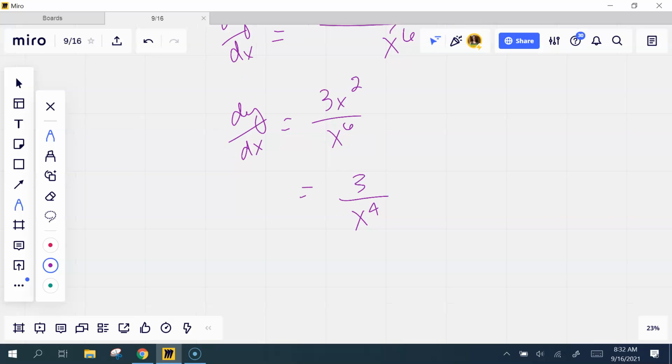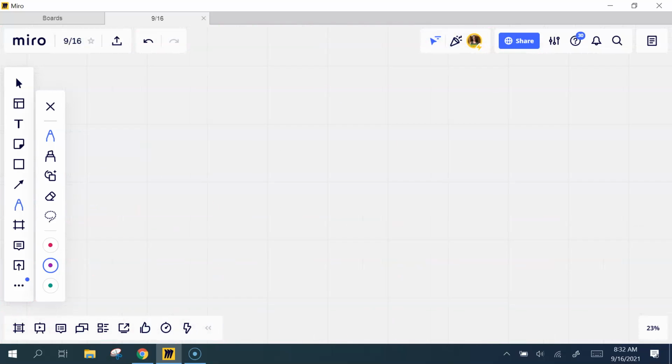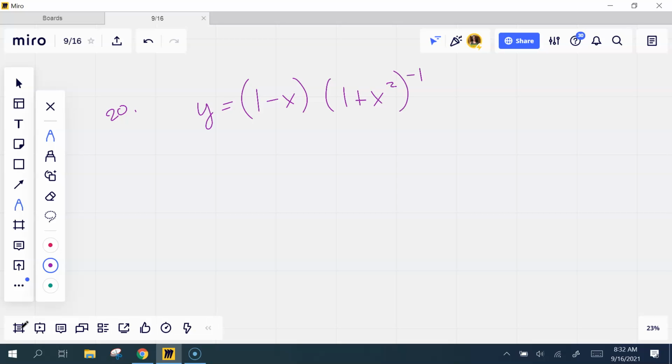Let me do 20. Somebody asked about 20. Again on 20, if you wanted to distribute out first. Oh, you couldn't. The negative 1 exponent means it's a fraction.